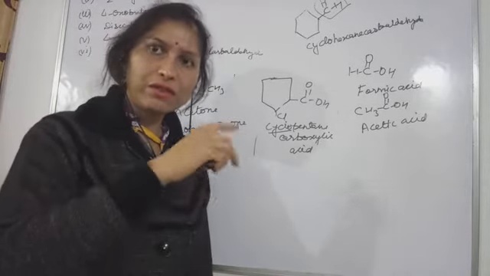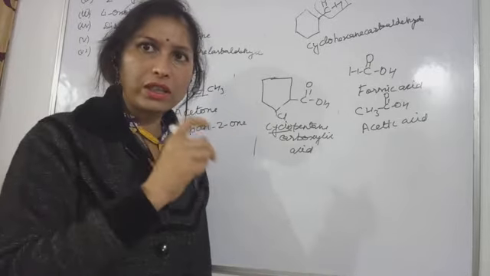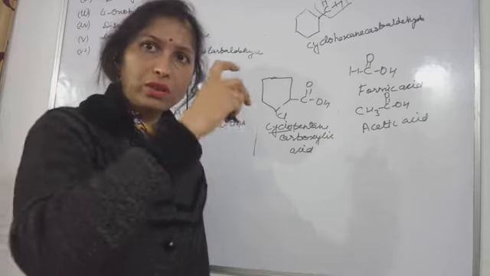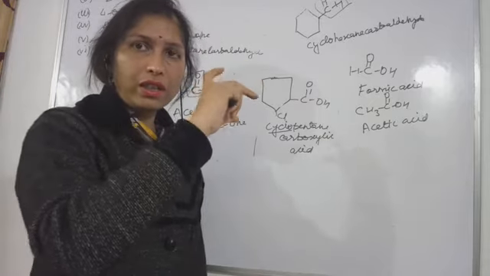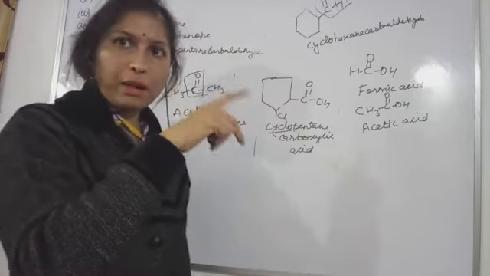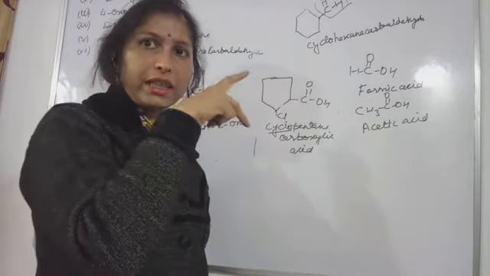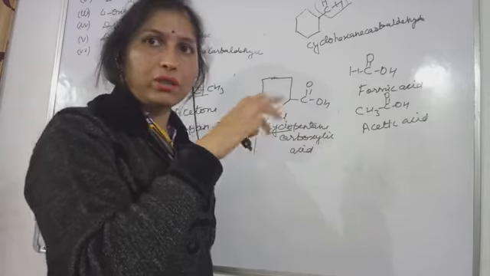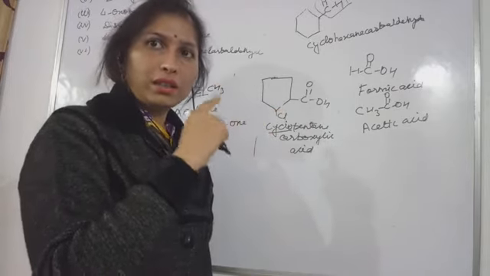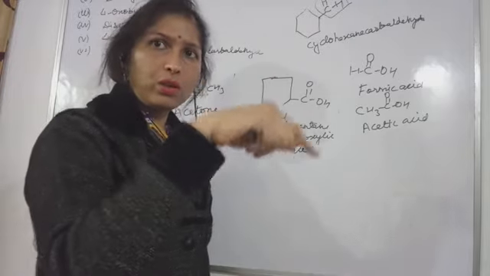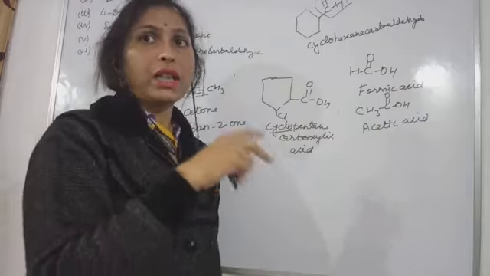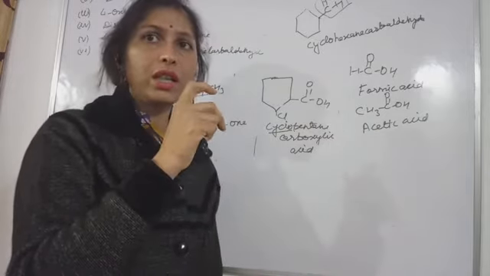Primary prefix means if you have a cyclic structure, we use cyclo, and we also use bicyclo when you have two rings attached through two common carbons. And if one common carbon is there and you have two different parent chains, then for that compound we use spiro.